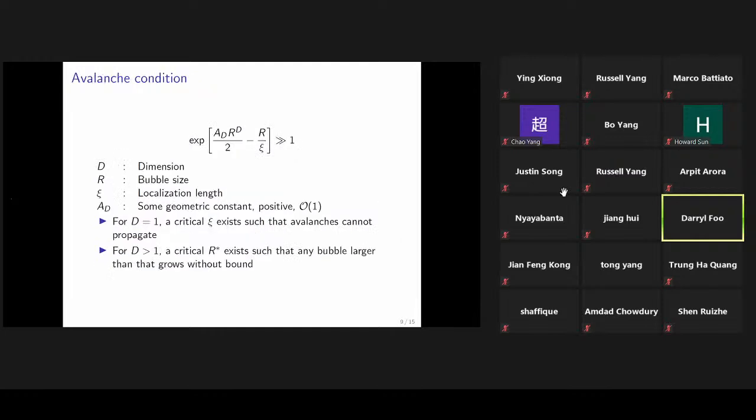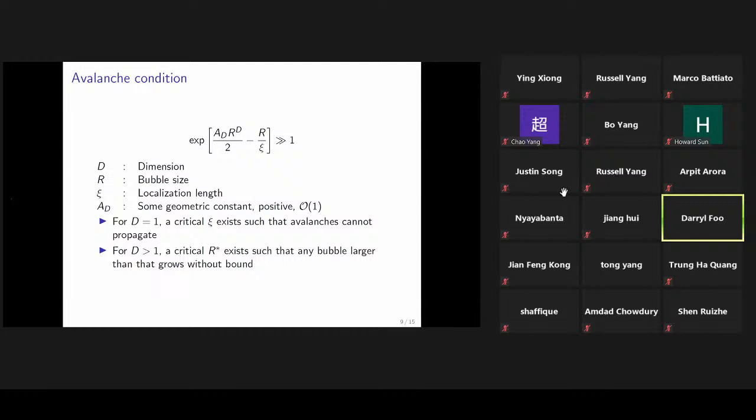We can combine these two points together and get a single avalanche condition. So the first bit, this A D R to the D over 2, that's the density of states from adding increasingly large numbers of spins into my thermal bubble. And the second term is, of course, from the decaying coupling.